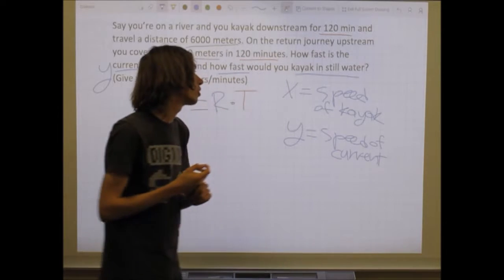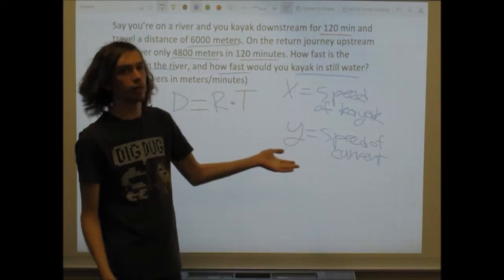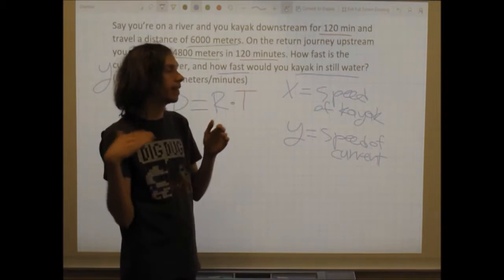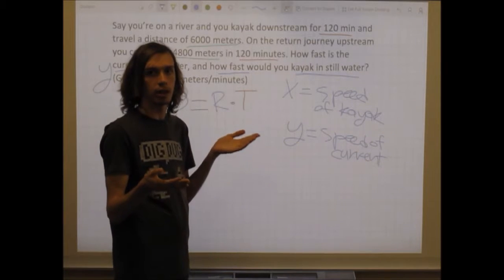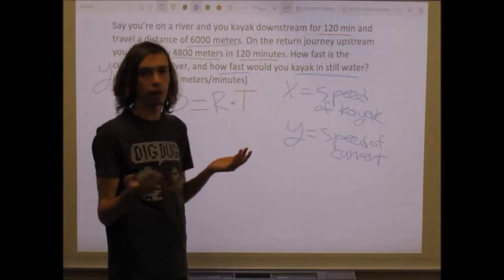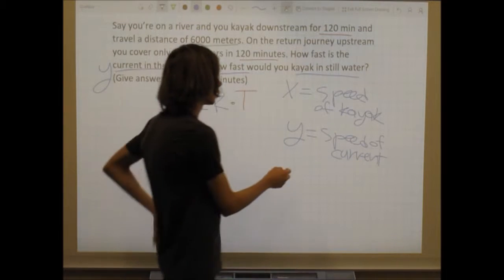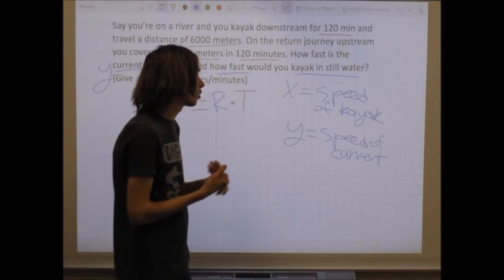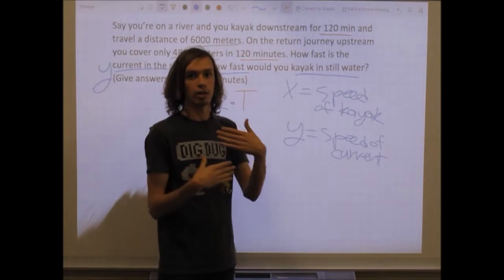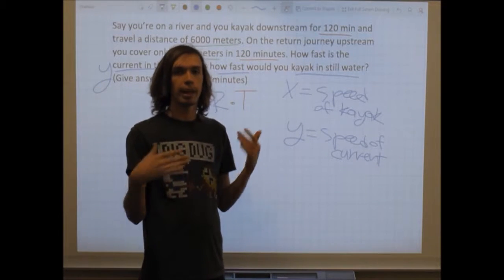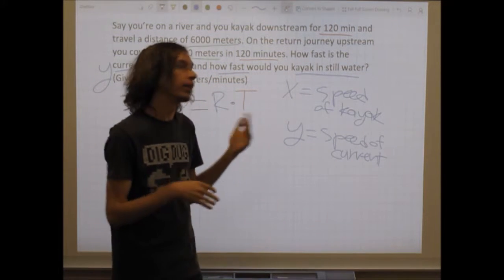So speed of current is y, and that's what we're looking for, right? And notice when you're going downstream, the current's helping you, right? So your total speed is going to be x plus y. It's the speed of the kayak plus the speed of the river when you're going with the current. And when you're going upstream against the current, your total speed is going to be x minus y. And you'll see that in a minute.